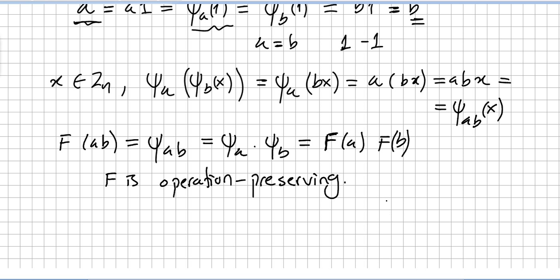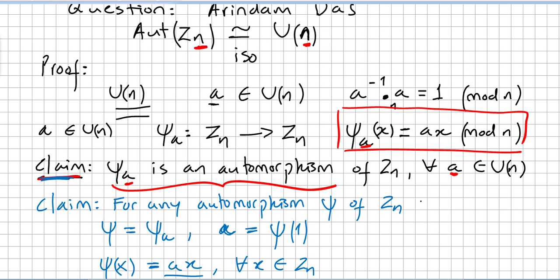Well, this concludes the theorem. I keep saying this concludes the proof. So first we made two claims. We wanted to prove that all automorphisms of Zn are isomorphic to the group of units.